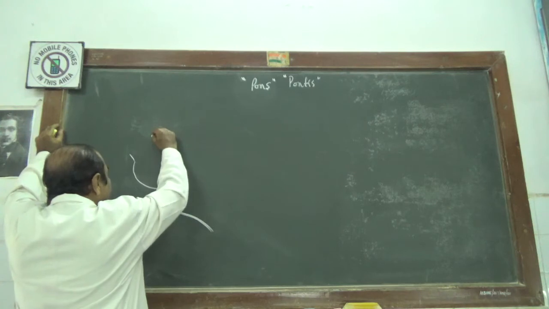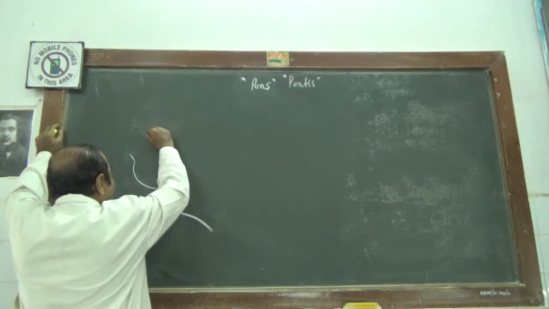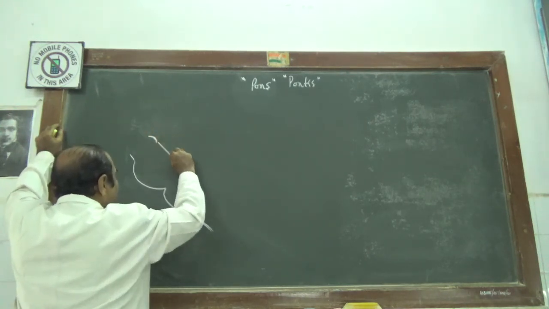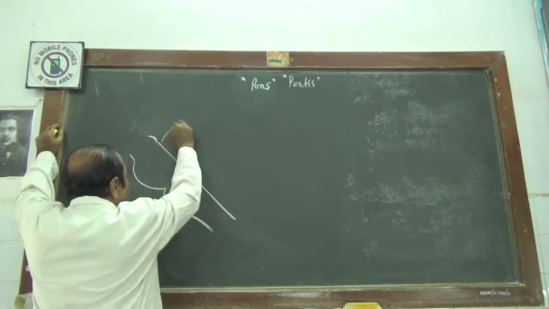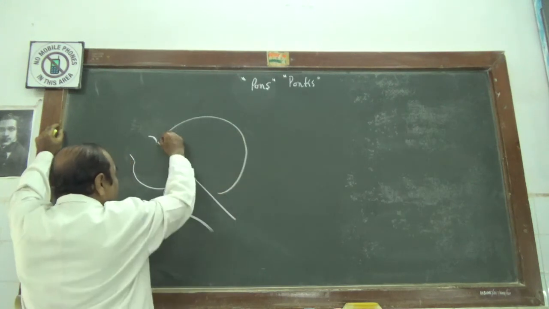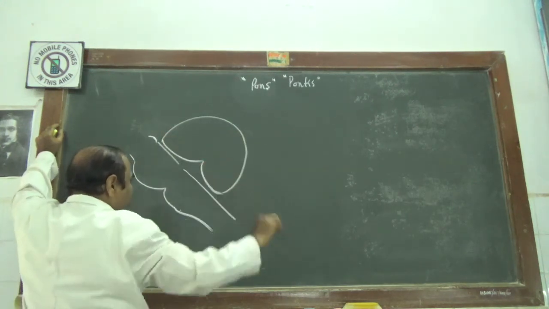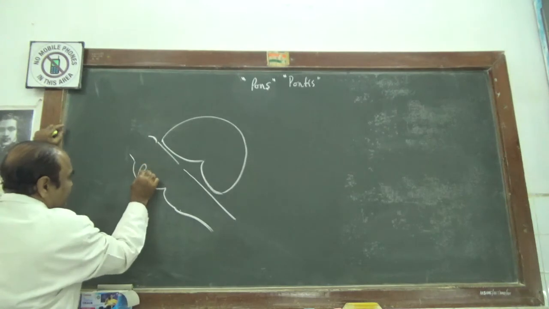In the lateral section or a sagittal section of the brain in situ, this is the pons.